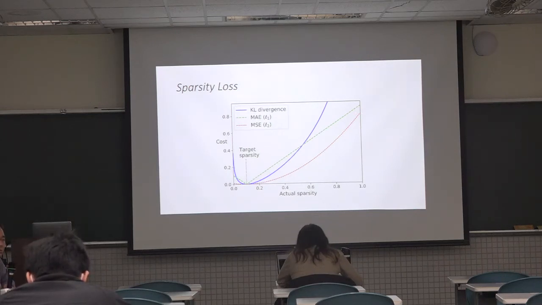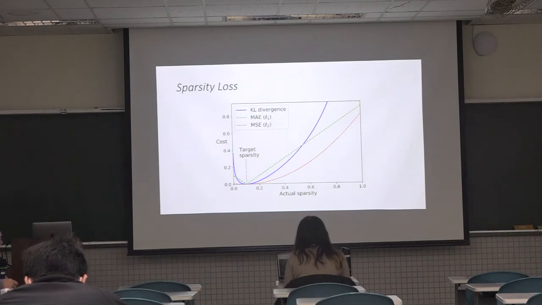So you can see the MSE is slightly better than the MAE. But the KL divergence is represented by the solid blue line, and you can see that its gradient is much bigger than the other two. That's why we normally prefer to use KL divergence for this situation.